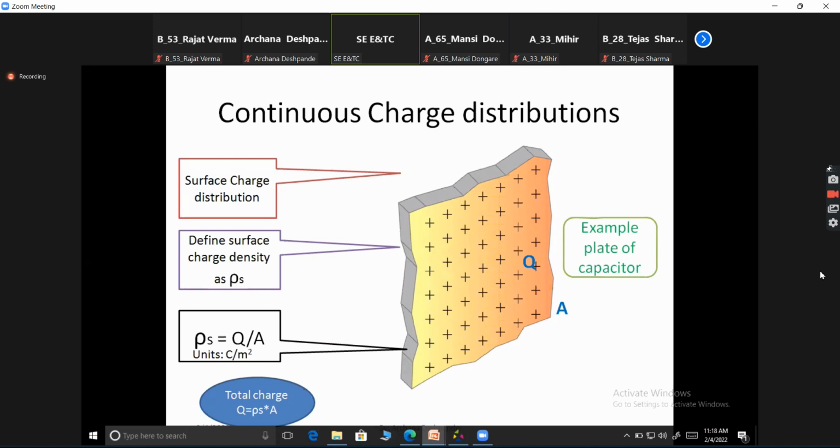Now the charges are distributed on the surface. So density, because you are confining a certain number of charges in a certain area. How dense the population of charge is, how will you come to know? By using this rho S concept. So Q divided by A.